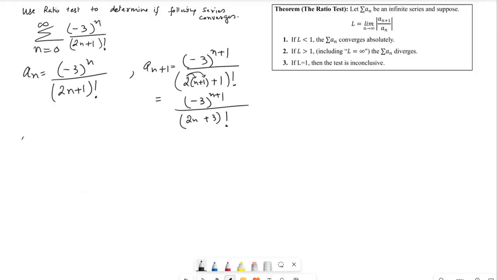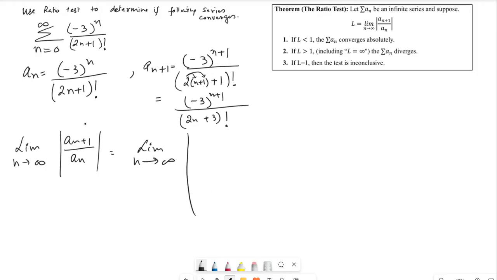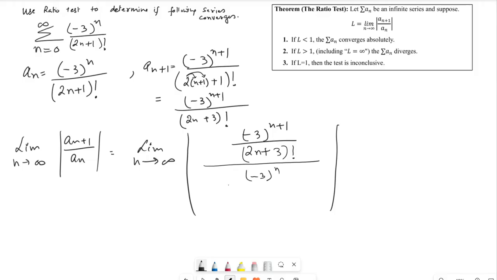Okay. We need to find the ratio of a_(n+1) divided by a_n in absolute value, which is the limit as n approaches infinity of (negative 3)^(n+1) divided by (2n plus 3) factorial, divided by (negative 3)^n over (2n plus 1) factorial.